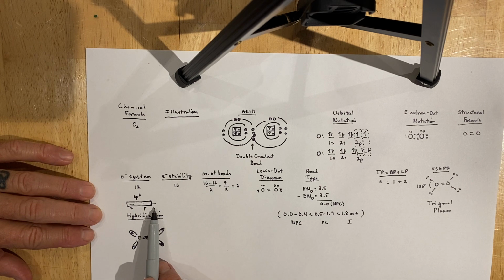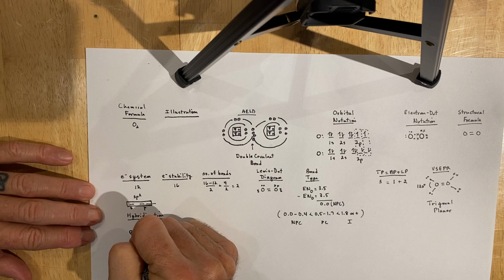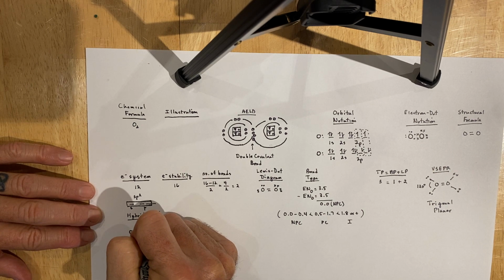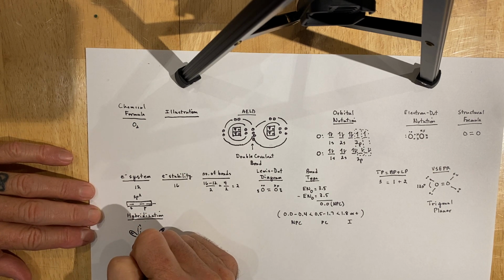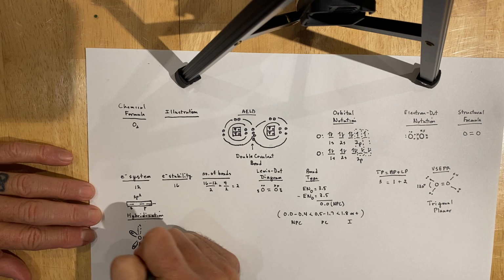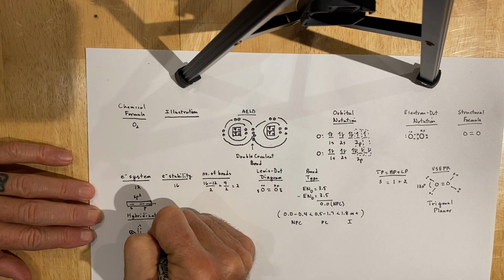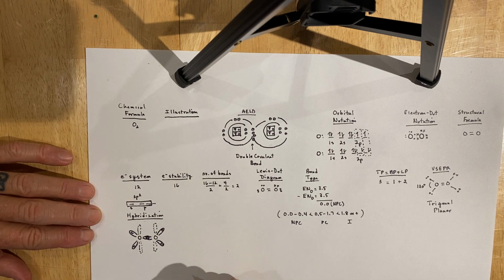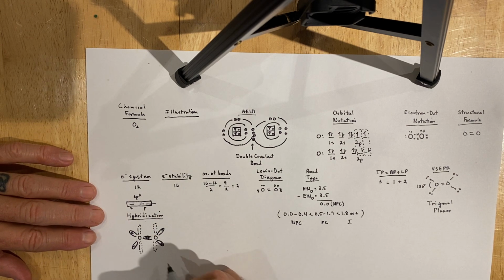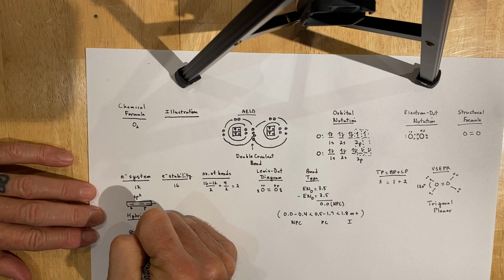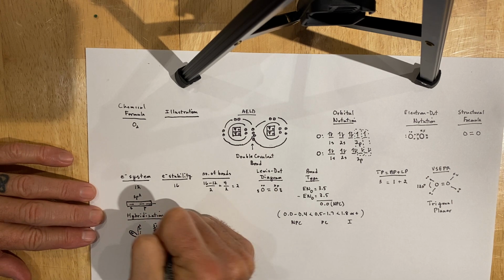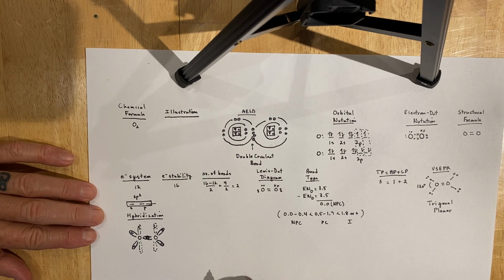You notice up here that one of the orbitals is unhybridized. So theory says there's an unhybridized orbital right here and an accompanying one right here, and in each one you have electrons of opposite spins.